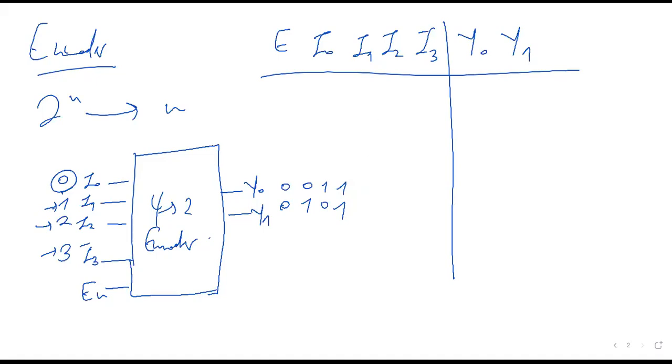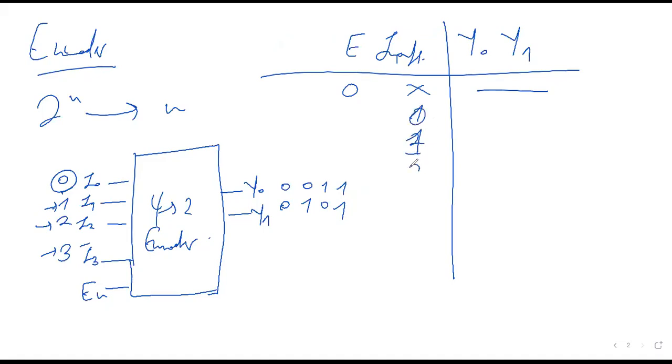Now with this, I can put up a much simpler truth table with only the inputs. I have 0, 1, 2, 3.